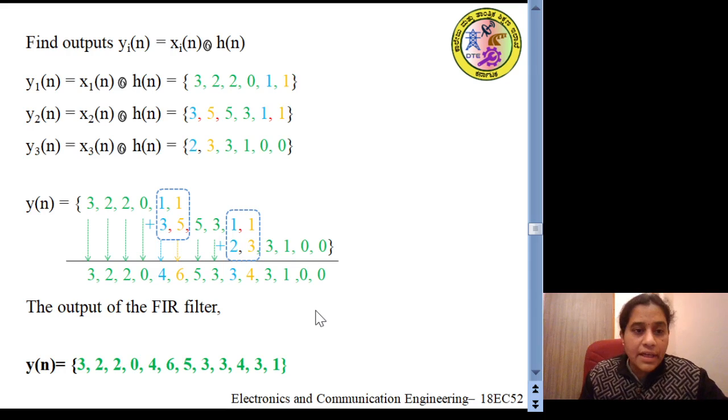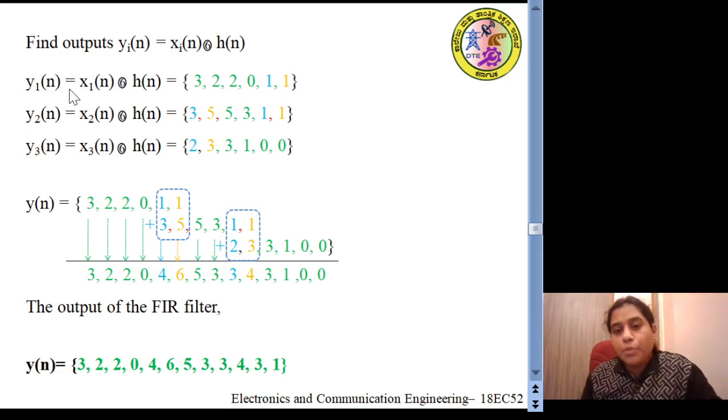Next we have to convolve circularly these blocks of input with the impulse response to obtain blocks of output, that is yi of n. y1 of n can be obtained by 6-point circular convolution of x1 of n with h of n.